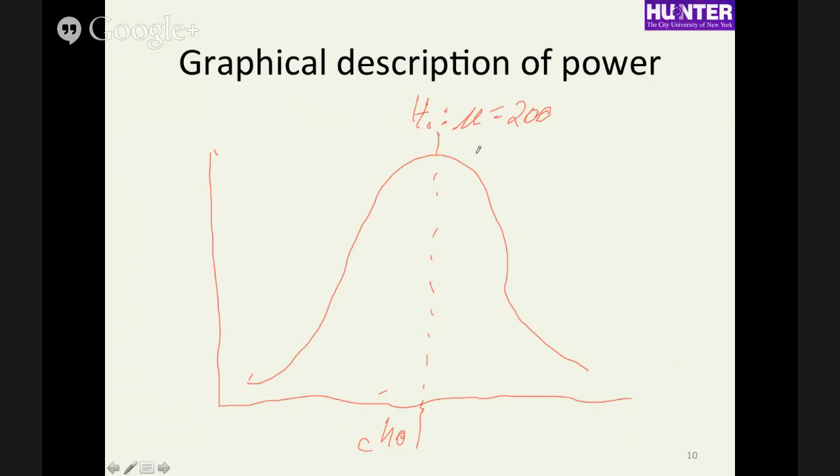Now you'll recall that when we go to do a hypothesis test, we'll take a sample, calculate its mean, and then find out if that mean lies within the rejection regions of this null sampling distribution.